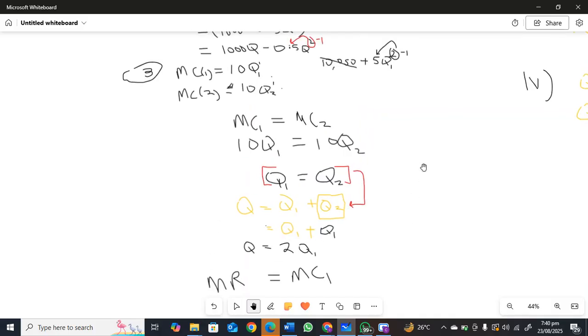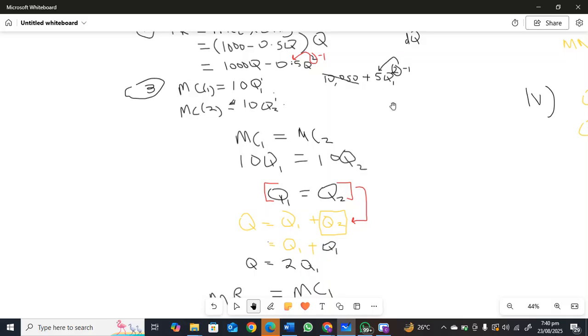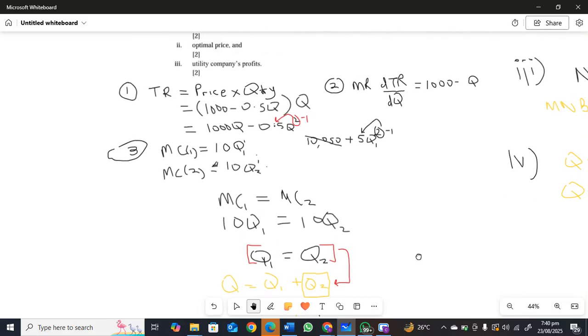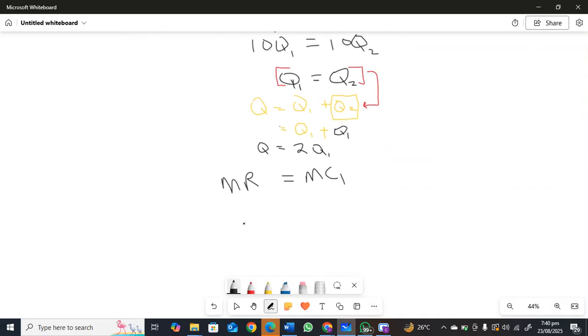We got our value for the marginal revenue, 1,000 minus Q, which equals MC, 10Q1. Since we know that Q equals 2Q1, we can bring it in here and substitute this Q.